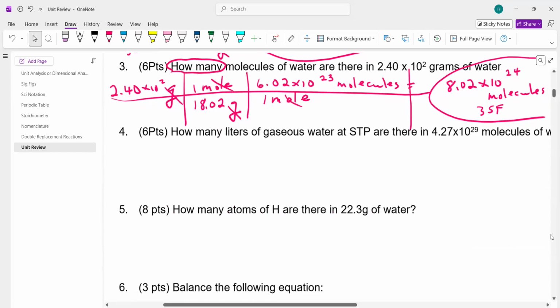Okay, now we have gaseous water. So we're going to use a conversion factor, 22.4 liters per mole.